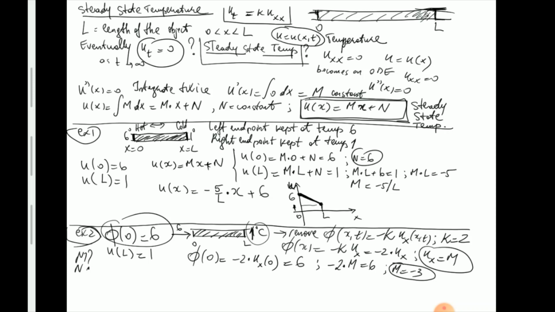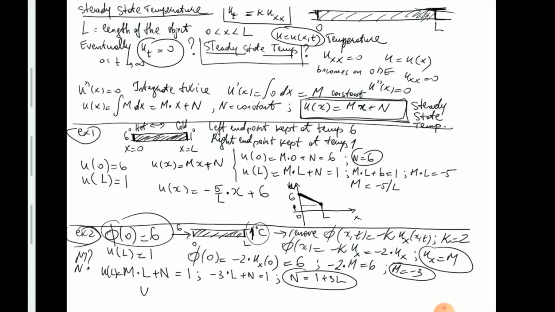And then the second boundary condition, u of L equals 1. So u of big L is again M times L plus N equals 1. M is minus 3. We just determined that before. So big N, the other constant, is 1 plus 3L.